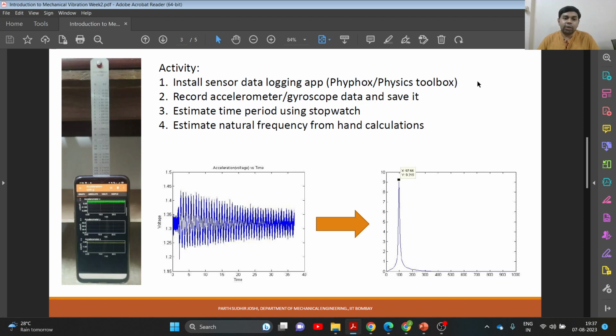So it can save the sensor data in the form of an Excel file or something like that. And then once you record that data, you can export it as an Excel file or CSV file, and then use it to estimate things like natural frequency or logarithmic decrement. So this is one interesting application.